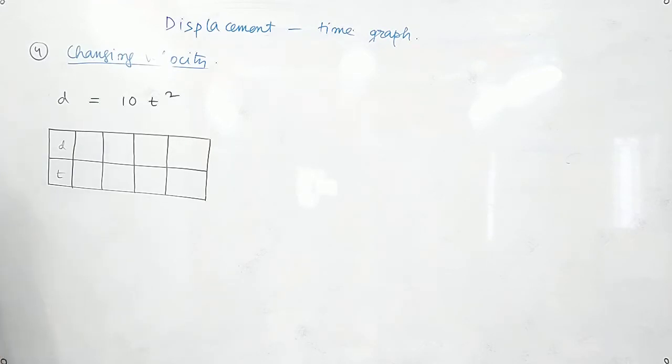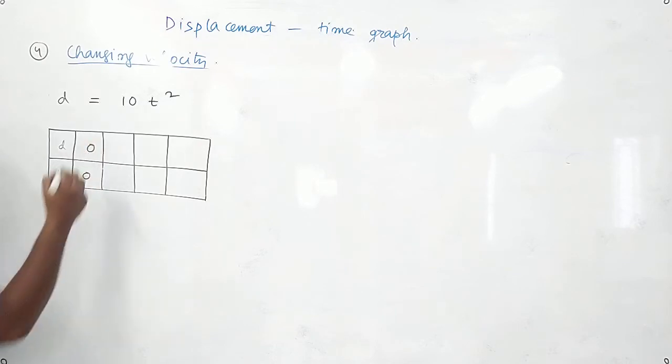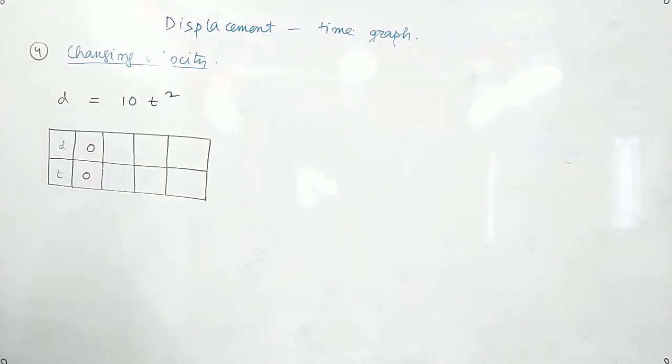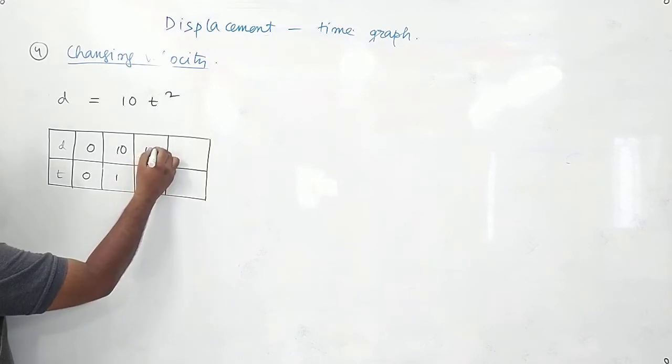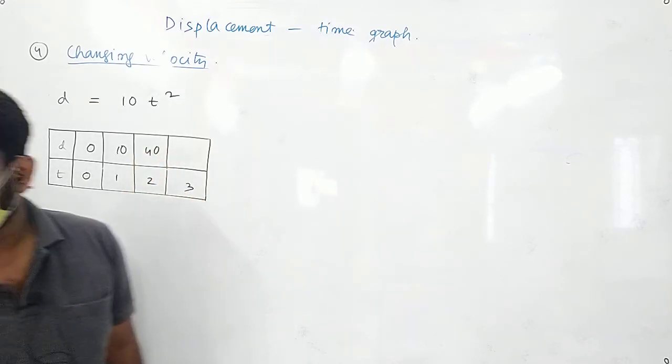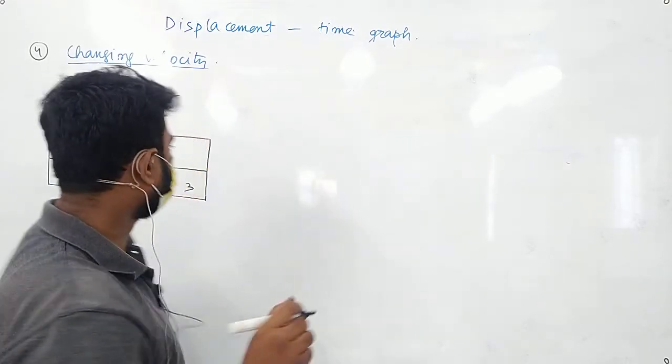Tell me, when t is 0, what is the distance? 0. When t is 1, what is the distance? 10. When t is 2, what is the distance? 40. When t is 3, what is the distance? 60?